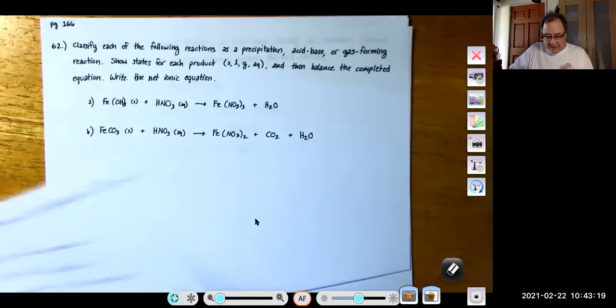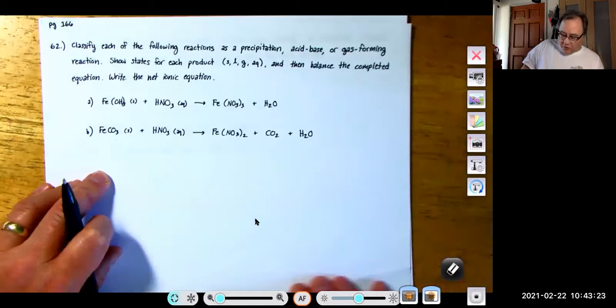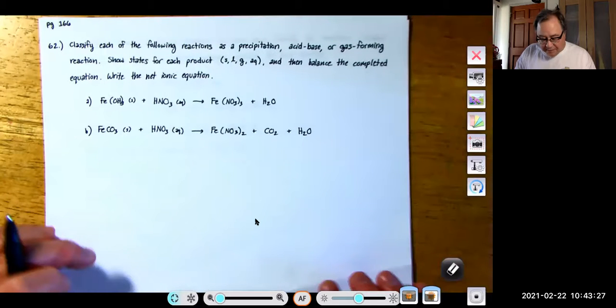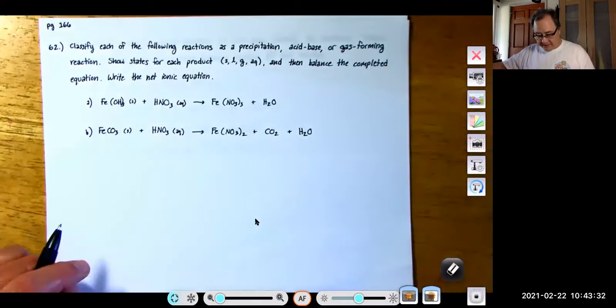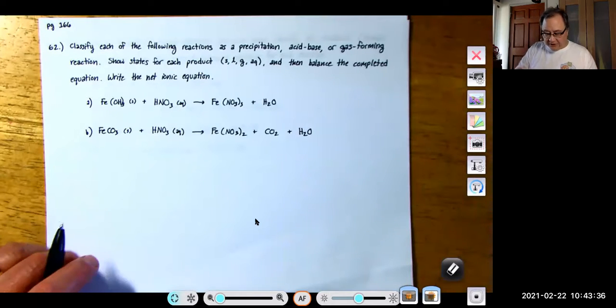All right. Classify each of the following as precipitation, acid base, or gas forming. Show states for each product and balance. Finally, write the net ionic. So let's take a look at this.